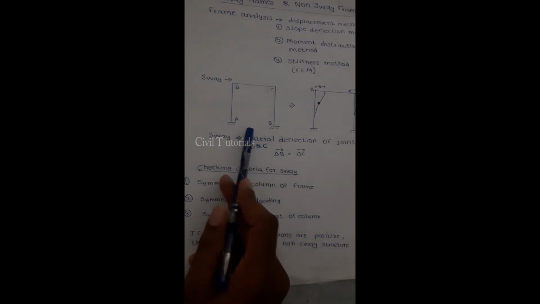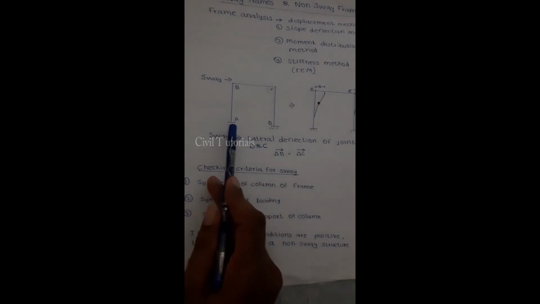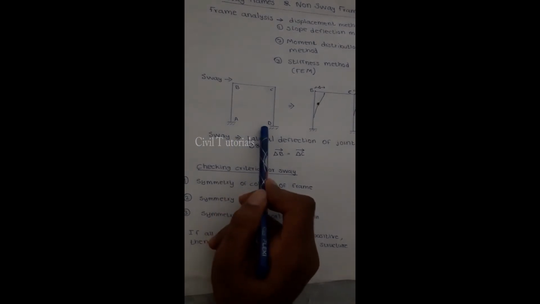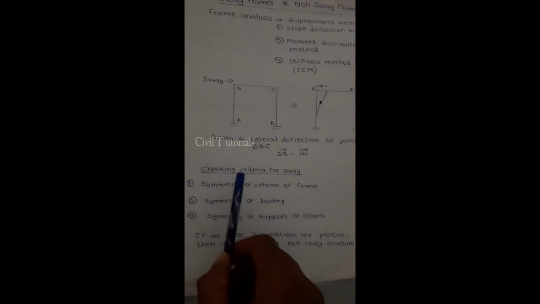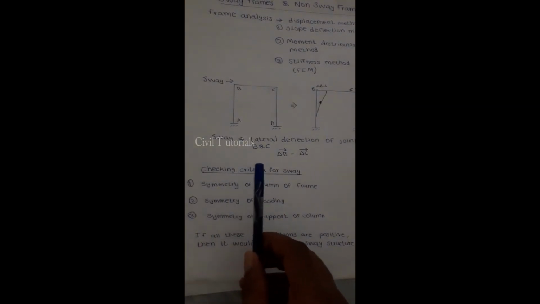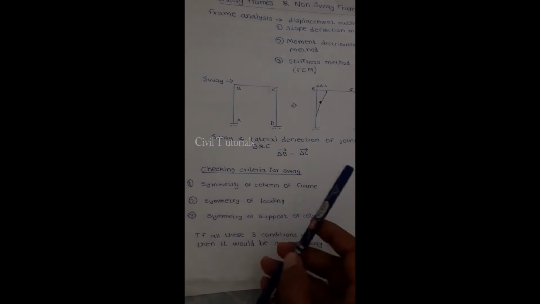If we have pin joints at A and D, it's also a non-sway structure because on both sides of the symmetrical axis, the supports are identical. But if we have a fixed end at A and a pin joint at D, then it violates the criterion. It means the structure sways.